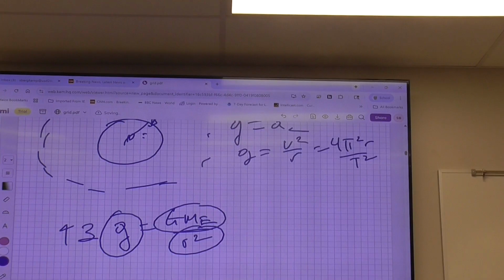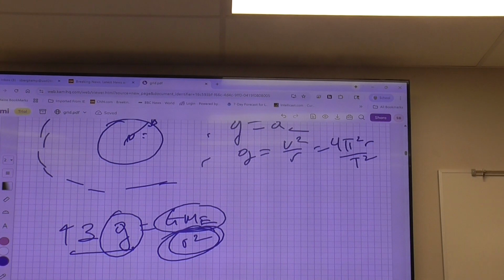So in other words, here's the story. We want little g to increase by 3 times. We want it to be like 27.9. What are we going to do to the radius to make g go up by a factor of 3? So let's start with this idea. Just the idea. Is the radius going to get bigger or is the radius going to get smaller? Smaller. I need to divide by a smaller number.